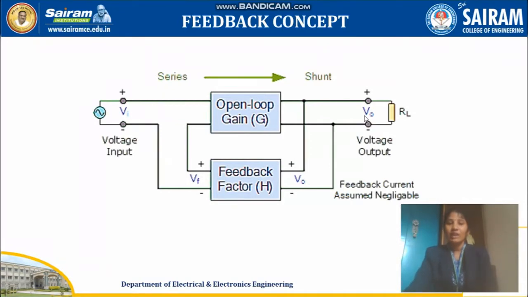For that we need to take a feedback from the output. Whatever quantity is varying at the output has to be taken as a reference in the feedback path, and it has to be given again to the input for correction purposes. There are two types of feedback. One is positive feedback and another one is negative feedback.